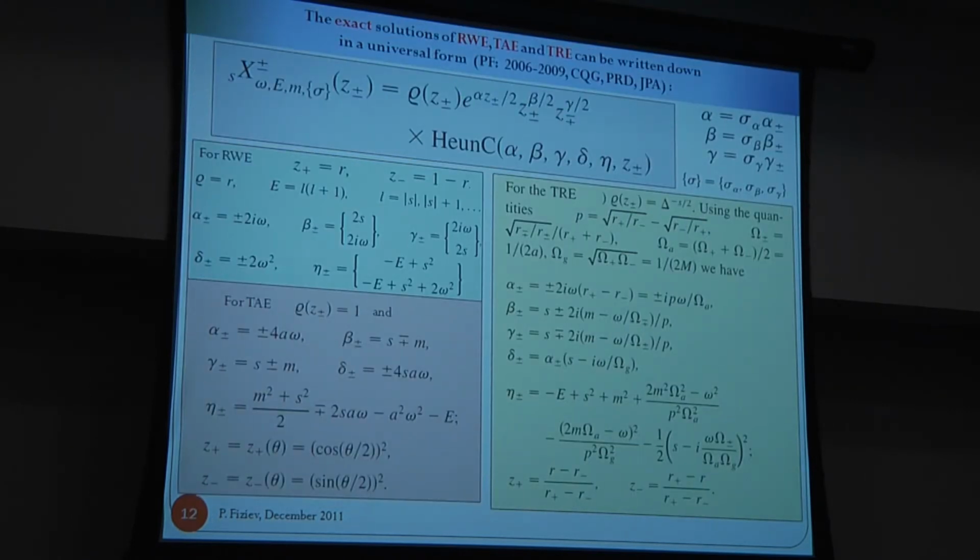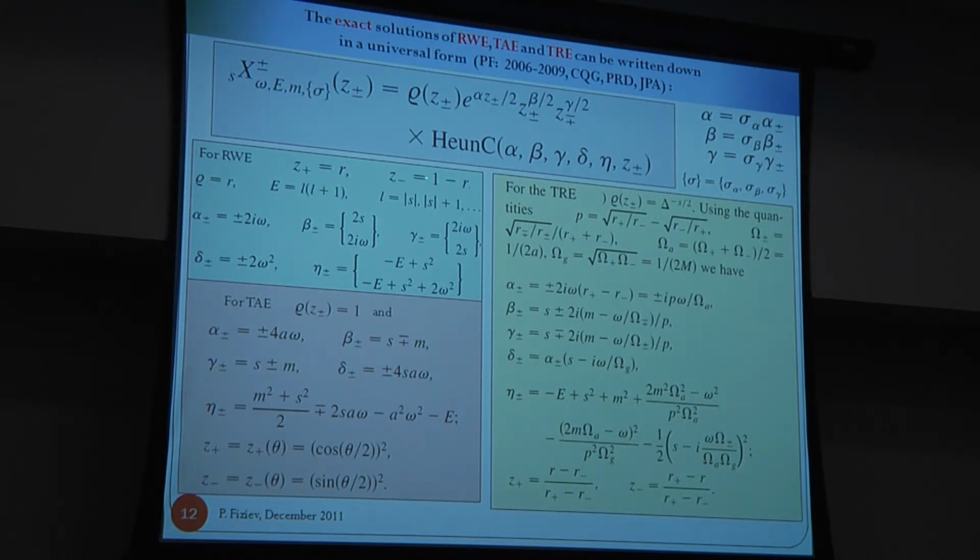Moreover, you can see references and you can write down all solutions, both of the angular and radial equations in the Schwarzschild case, in the Kerr case, and even in the Zerilli case, using very similar formulas in which enters the confluent Heun function. The only difference is the parameters. For the Regge-Wheeler equation, you can see the parameters, and you see explicitly that r equals 0 is the singularity of the Heun equation.